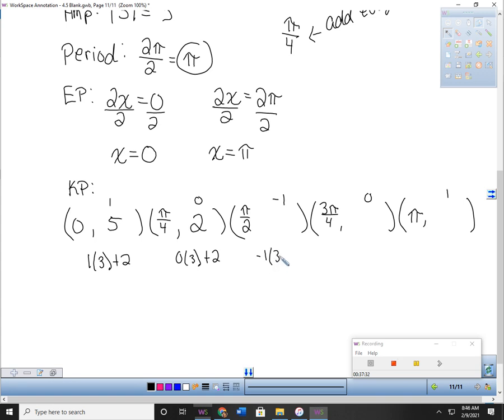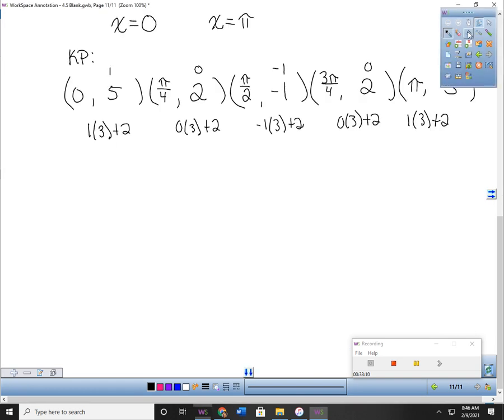Negative 1 times 3 is negative 3, plus 2 is negative 1, right? All right, then we have 0 times the 3 is 0, plus 2 is 2. And then 1 times the 3 is 3, plus 2 is 5. So you always do the multiplying first, and then you add or subtract that number that's being added and subtracted on the outside.